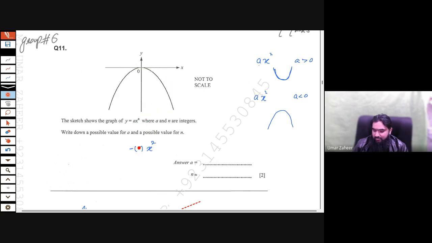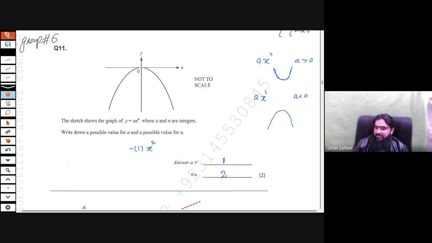Now we have to look for the constant. Obviously, it is not going to be an increasing or decreasing value. The value that it is going to multiply by is processed from the origin, so it must be 1. So the value of a is going to be 1, and the power of x must be 2.